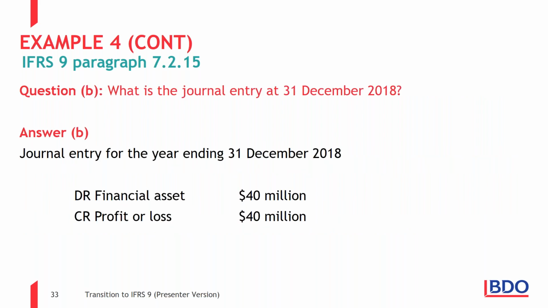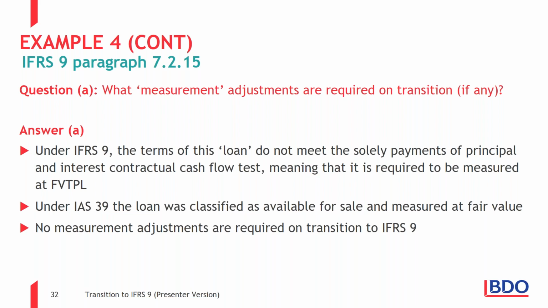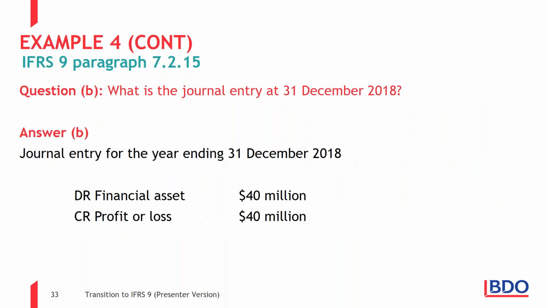Changes in fair value would have gone to OCI if it's an increase, and if it was a decrease, it would often end up in P&L. Now, no measurement adjustments are required on transition. Why? Because under IAS 39, it was accounted for at fair value. Under IFRS 9, it will be accounted for at fair value, no measurement adjustments.